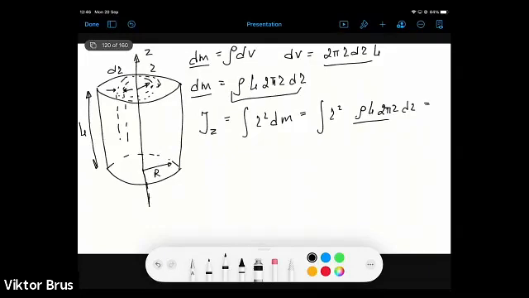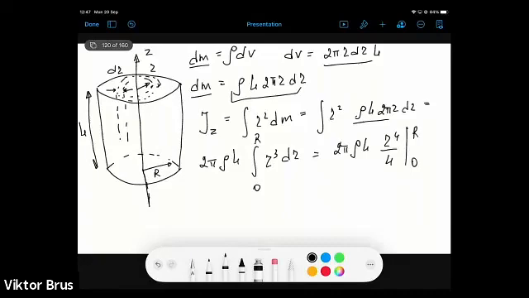So we take this out of the integral. It will be 2 pi rho L times the integral from 0 to the radius of our cylinder, capital R, of r cubed dr. Here we can already integrate this. So it will be 2 pi rho L times R to the fourth power divided by 4, from 0 to R.